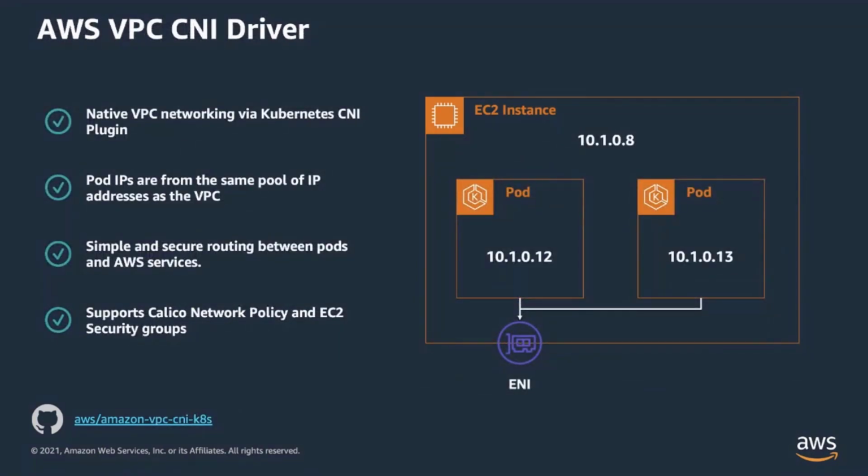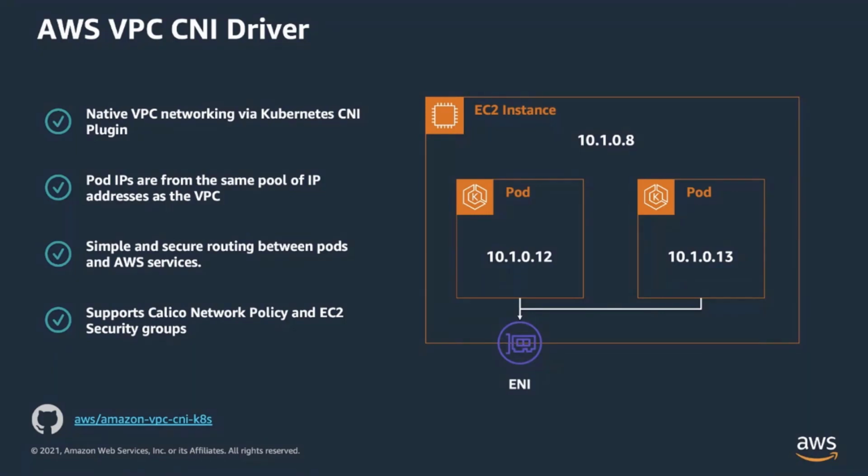So let's pivot and talk a little bit about networking now. Networking in Kubernetes is enabled through the use of plugins that leverage the Container Networking Initiative, or CNI project. There are many that you can choose from. And if you're looking to migrate to EKS, you've likely had some exposure to one or more of those.